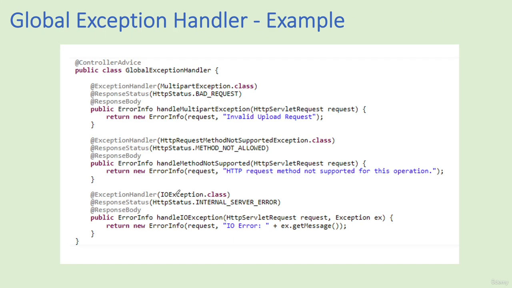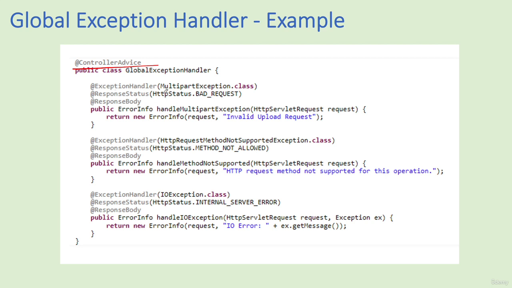And the second kind of exception handler is called global exception handler, and this is an example. You see we create a separate class for handling all exceptions which can be thrown by all controllers in the application using the ControllerAdvice annotation. And in this class you can see there are three exception handler methods that handle three different types of exception.